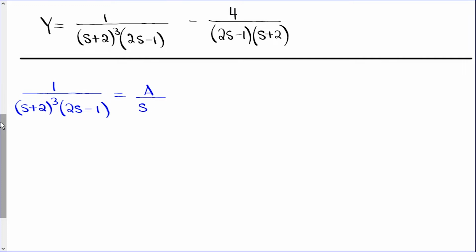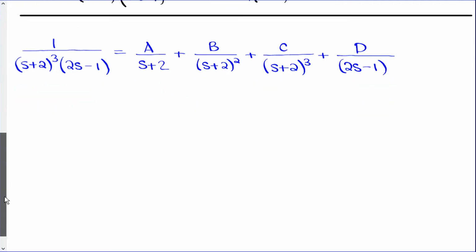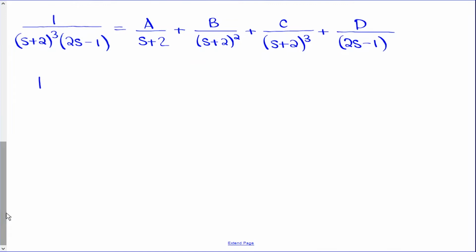So it's going to be A over s plus 2, plus B over (s plus 2) squared, plus C over (s plus 2) cubed, and finally plus D over 2s minus 1. In order to calculate A, B, C, and D, we're going to compare the numerators and do the method of undetermined coefficients.